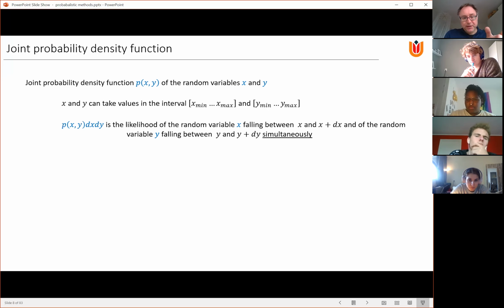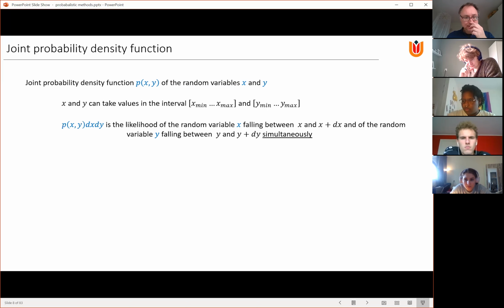In analogy to the one variable case, if we take this joint probability density function and multiply it with the interval dx dy, then we are calculating the likelihood that the random variable x falls between x and x plus dx, and simultaneously that the random variable y falls between y and y plus dy.